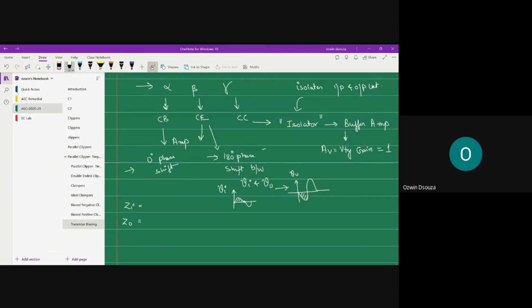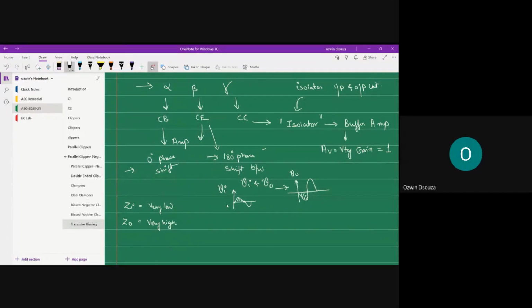In case of common base, the input impedance is very low and the output impedance is very high.